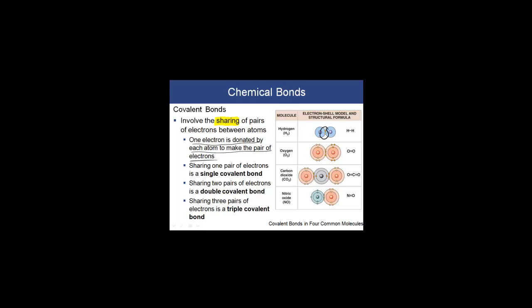If 2 pairs of electrons are shared, you have a double covalent bond, such as that we find in oxygen, or O2, CO2, or NO, nitric oxide. And there are even situations in which you have the sharing of 3 pairs of electrons and the formation of a triple covalent bond.